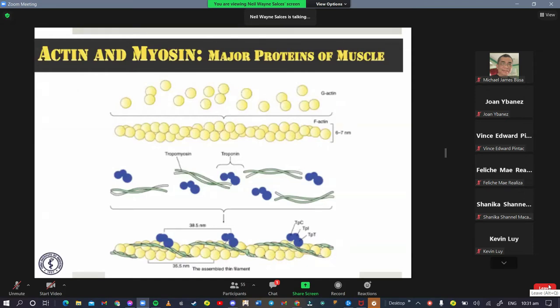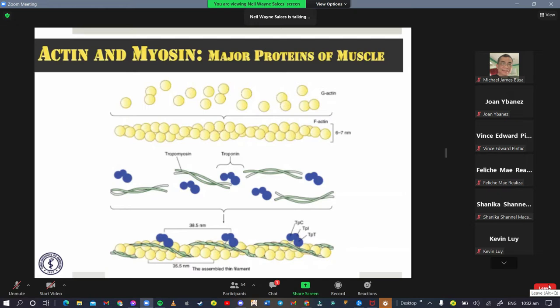Basically, this is the schematic representation of the thin filament showing the spatial configuration of the three major protein components, which are your actin filaments. You also have your G-actin and the F-actin, your troponin, as well as your tropomyosin. Your monomeric G-actin makes up about 25% of the muscle protein by weight.